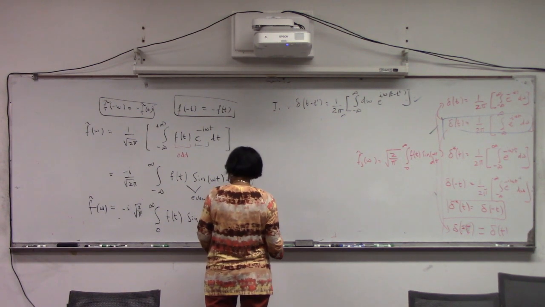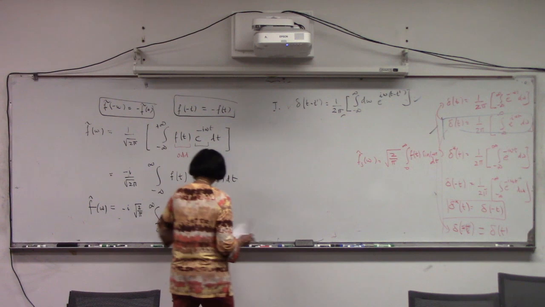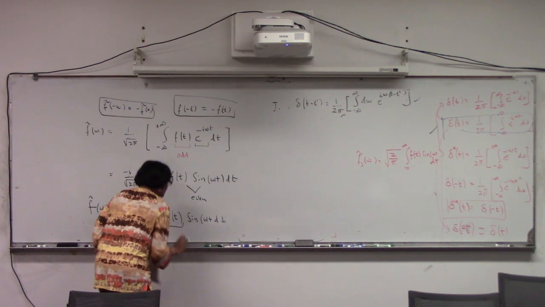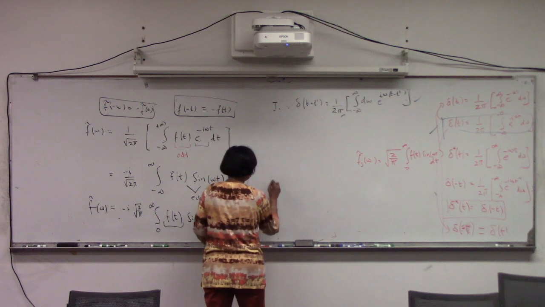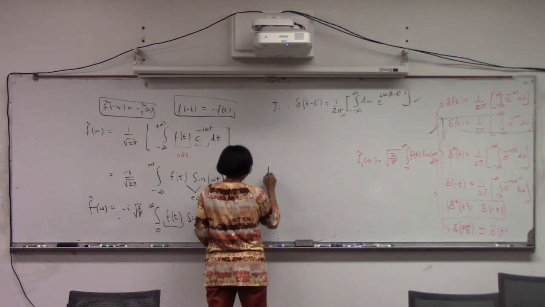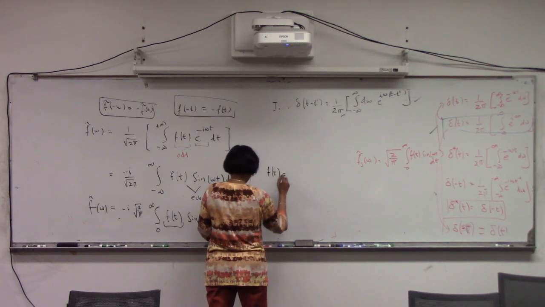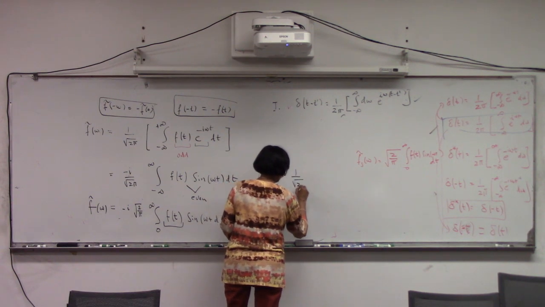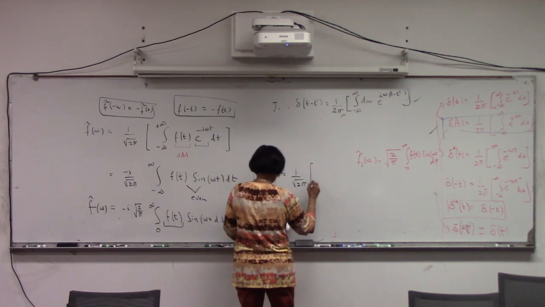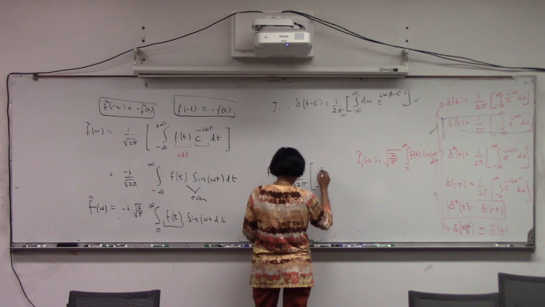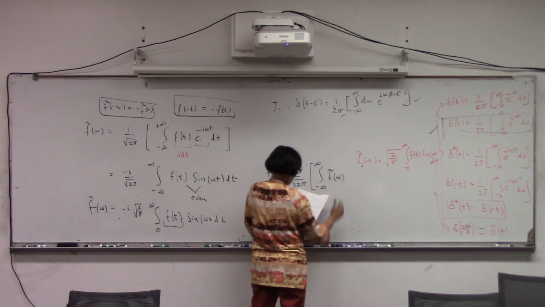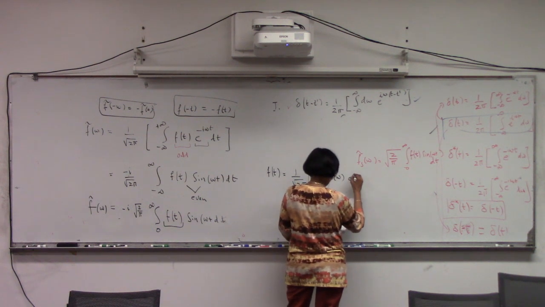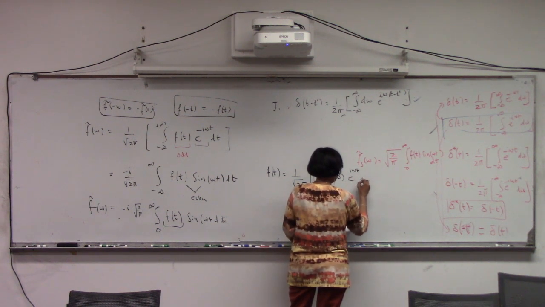let me just now write down, I have got f of t here. In all these cases, like a Russian doll, we have to keep on doing that. F of t is nothing but 1 over square root of 2 pi, integral from negative infinity to plus infinity of f tilde of omega e to the i omega t d omega.